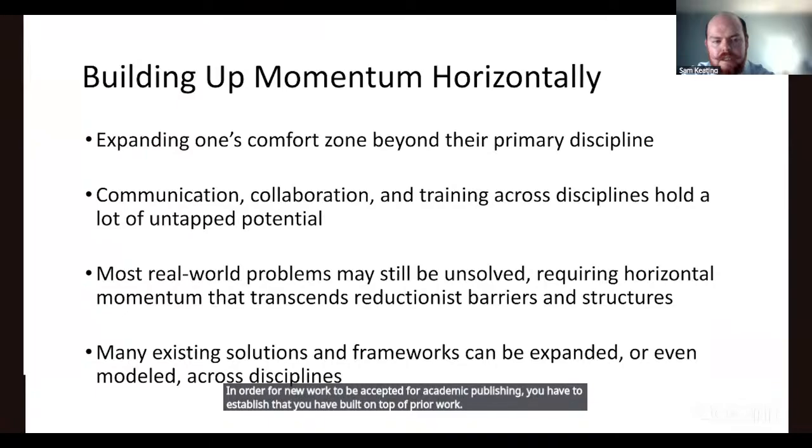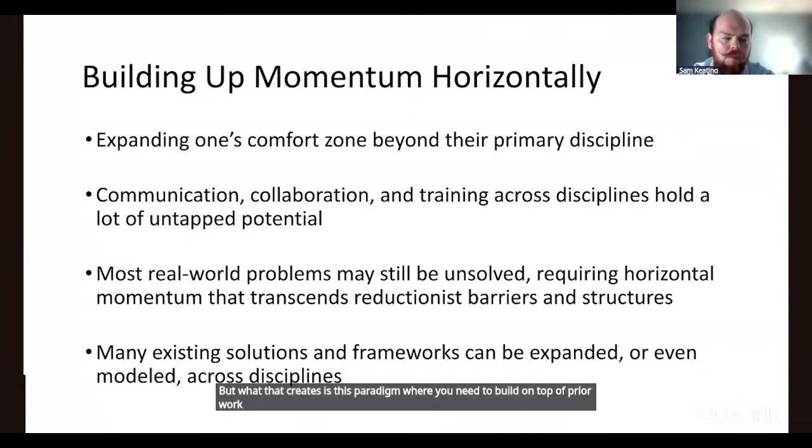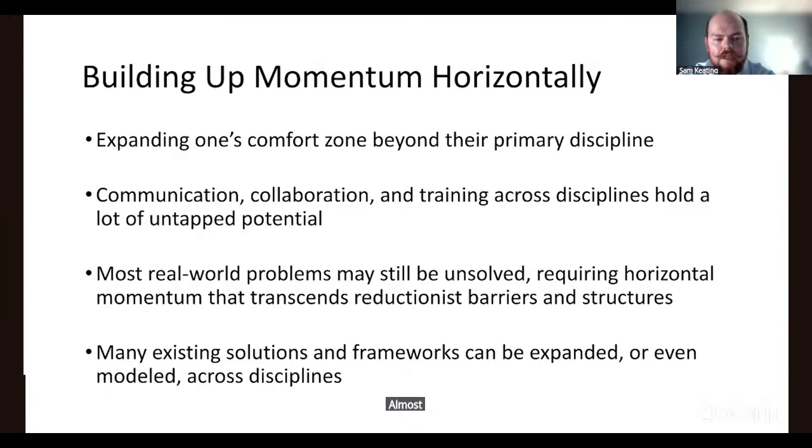But what that creates is a paradigm where you need to build on top of prior work, almost settling into agreement without even having room to actually be a disruptor or having a distinction versus what old knowledge is telling us.